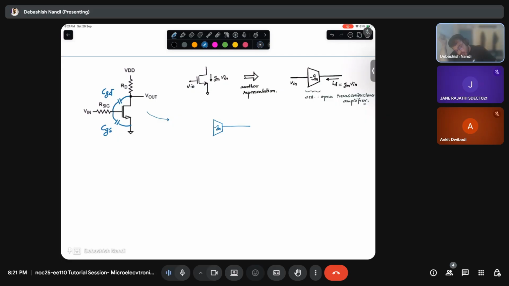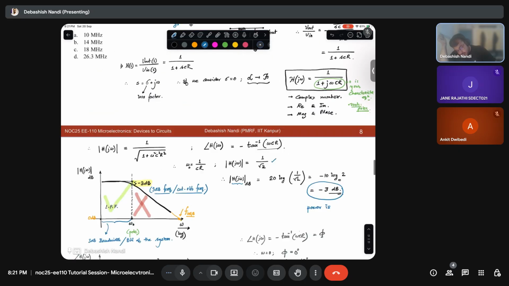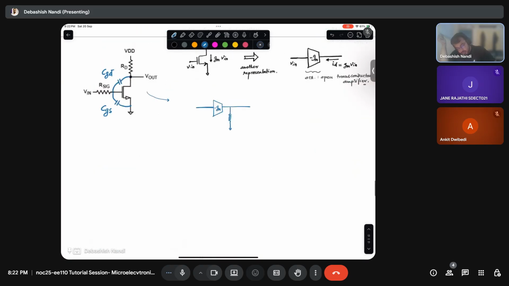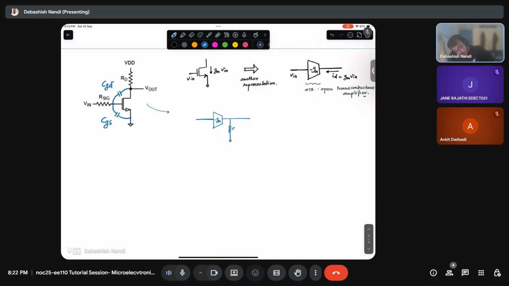For the MOSFET, I'll have this Gm, and I have RDS as well. So this will be my RDS. So this is my MOSFET.